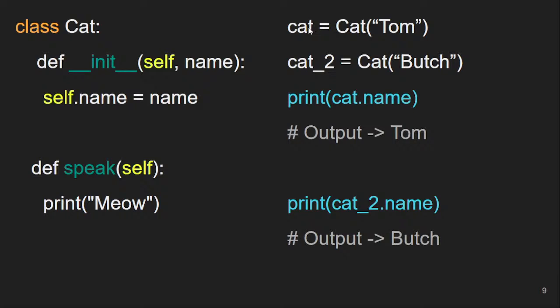So anytime you say cat1.name, you are getting the name of cat1, which is Tom. And when you say cat2.name, you are going to get Butch, which is the name of the different cat. This is possible because here we say self.name, and then we are assigning the name we pass to it.